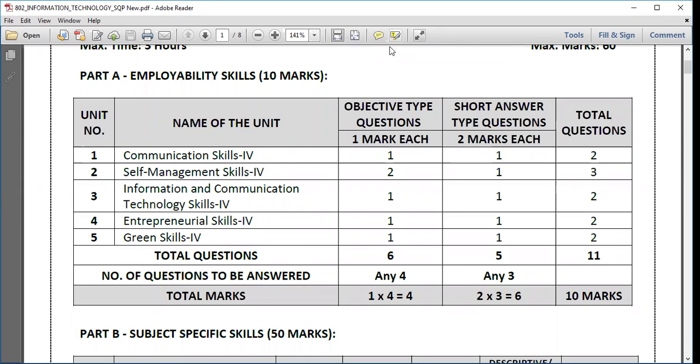So this is the final format that we just got, right?